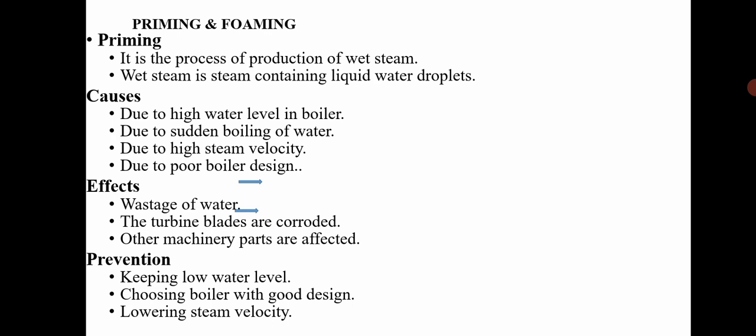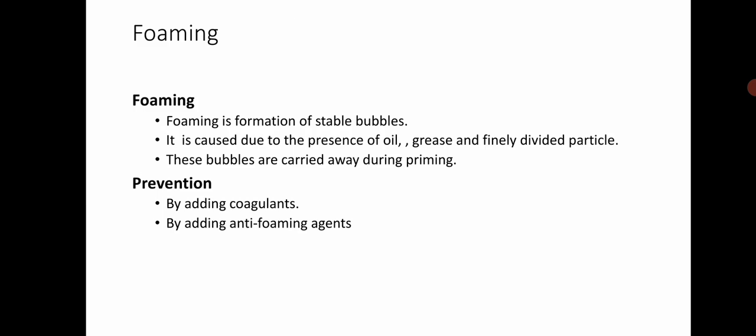In order to reduce these problems, we have to make some modifications: keep the water level minimum, choose good boiler designs, and lower the steam velocity. Priming also causes wastage of water, induces corrosion of turbine blades, and reduces the efficiency of the machine parts.